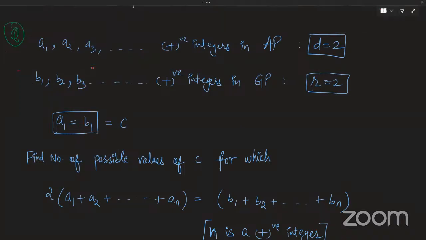See, A1, A2, A3 are positive integers in AP, and their common difference is 2. B1, B2, B3 are also positive integers in GP, and their common ratio is 2.